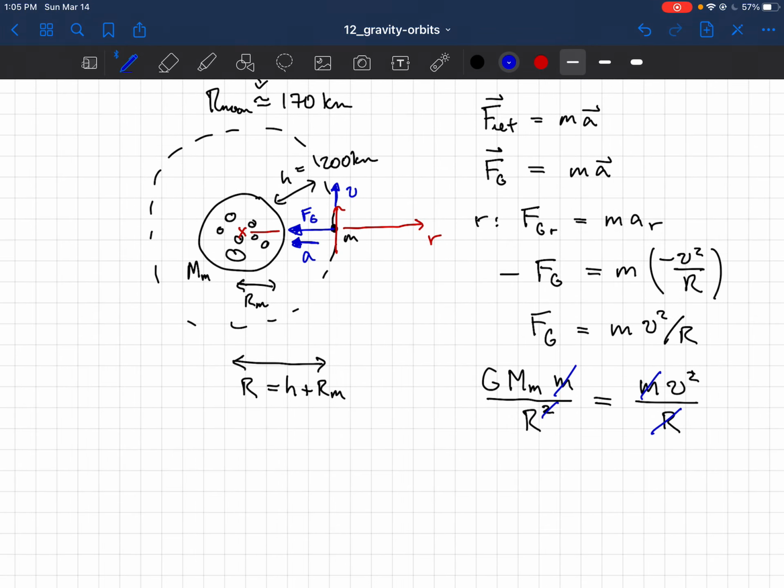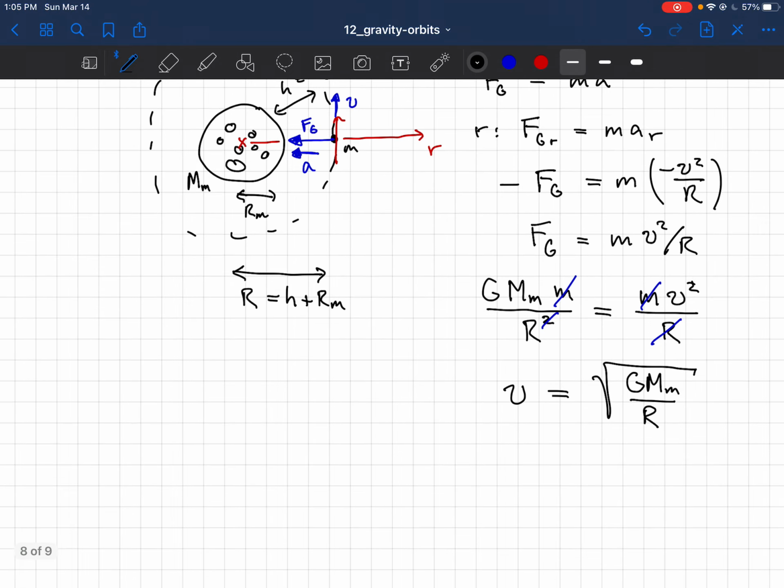We can also multiply both sides by one of the R's, so we get that v squared is equal to G M over R, where v is equal to the square root of big G times the mass of the moon over R, and we said that R is the height of the orbit plus the radius of the moon.